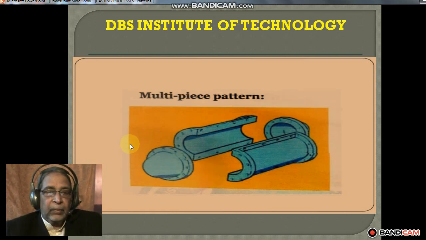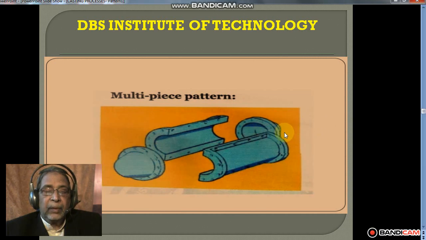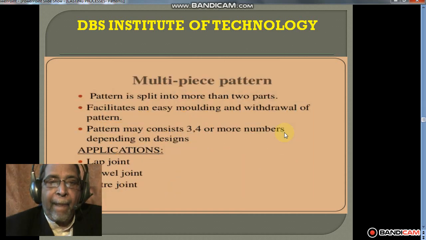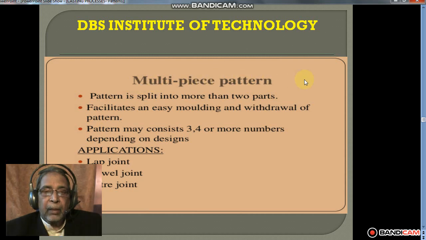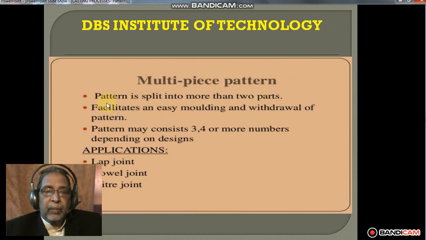This is a multi-piece pattern. You can see here this pattern is in 4 parts. It's not a single piece. This pattern consists of 4 parts, and we will see the details of the multi-piece pattern. What is a multi-piece pattern? A multi-piece pattern is split into more than 2 parts.